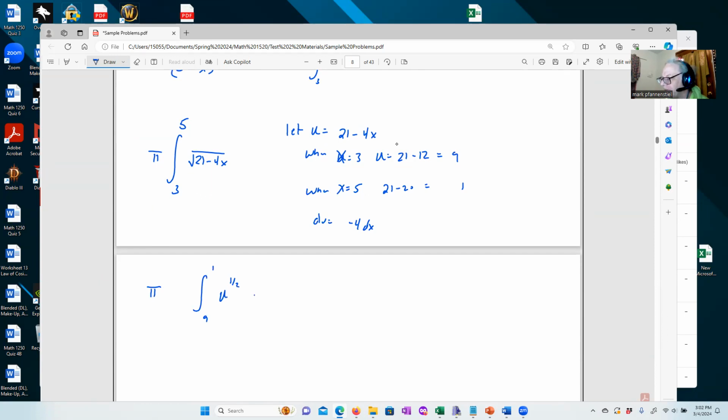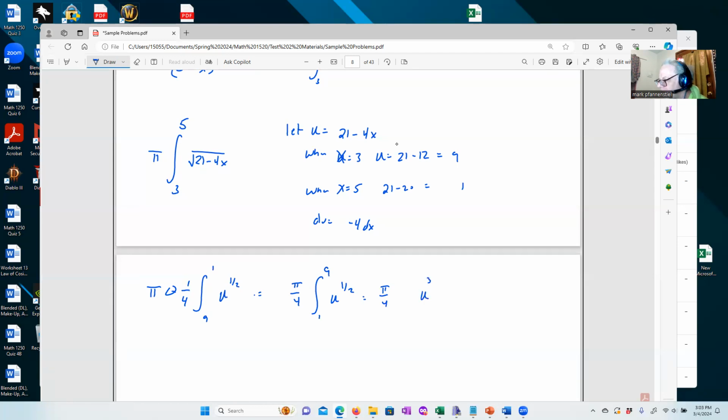So I have to multiply and divide by 4. So we're going to multiply by a negative 1/4 here. This is going to be pi over 4, and we have 1 to 9 of u to the 1/2 power. I just flip the limits of integration to get rid of that sign. So that's just going to be pi over 4.